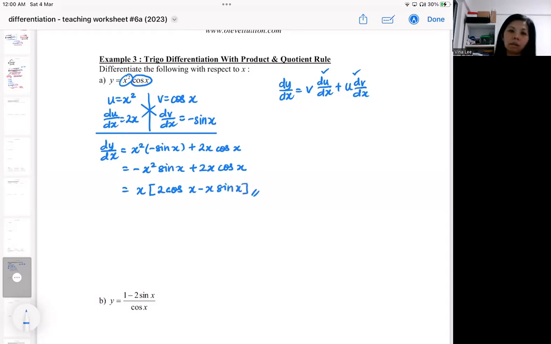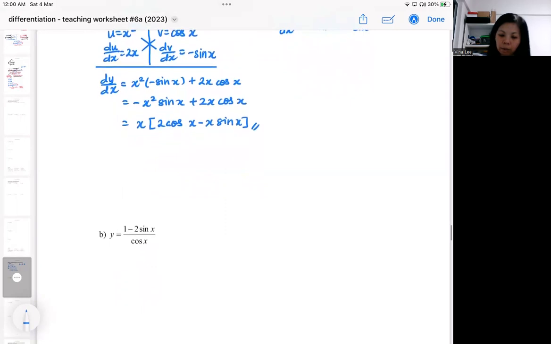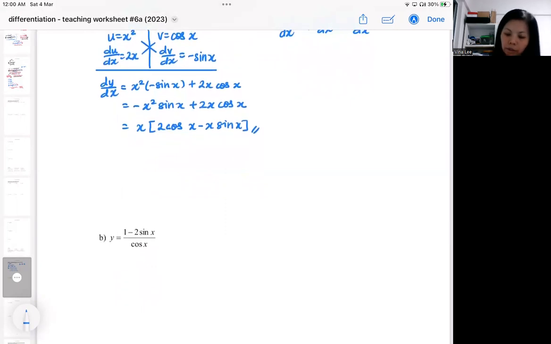Okay, so this product rule is the easier version. So the next one will be a quotient rule. The numerator contains x, the denominator also contains x. So v du/dx minus u dv/dx. So don't forget quotient rule is a subtraction. So you've got to start off with v first.